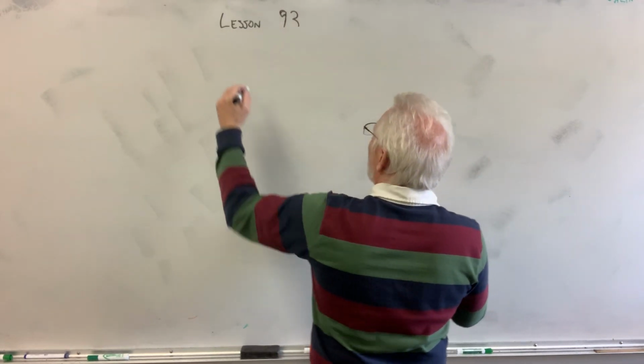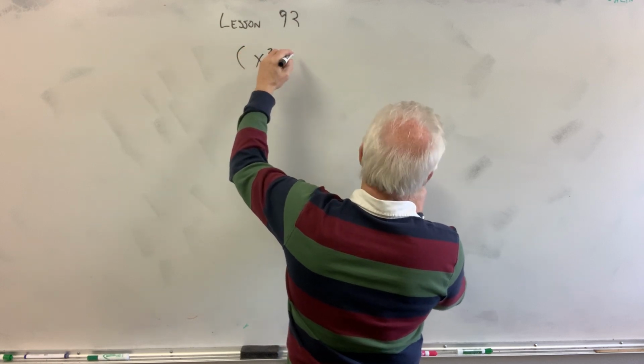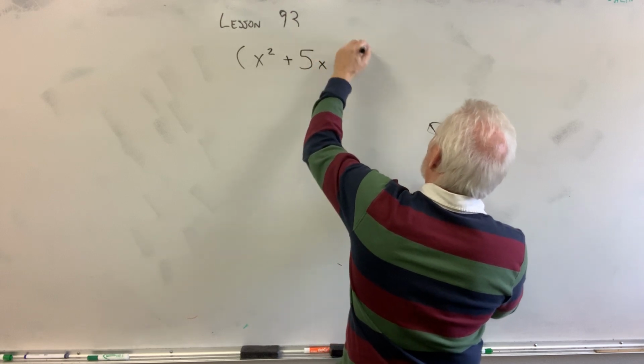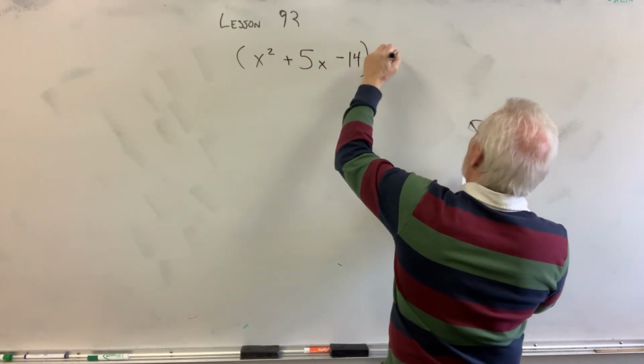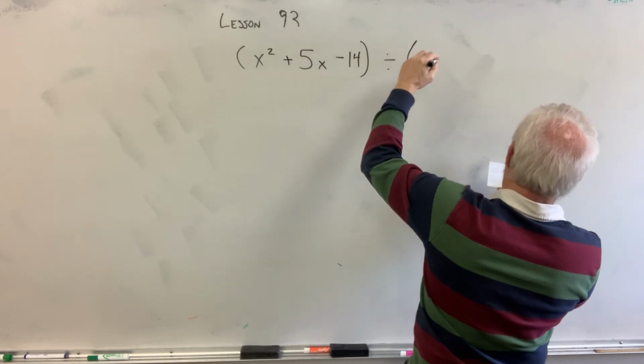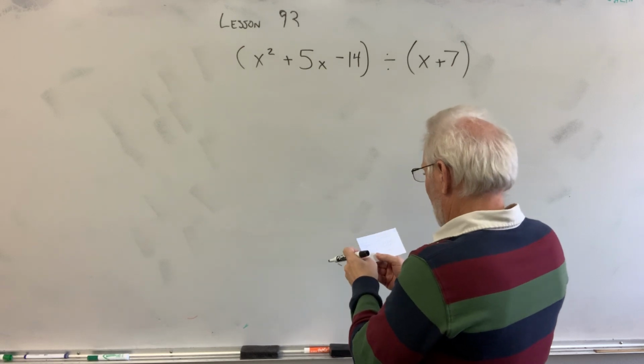All right, so we have x squared plus 5x minus 14 divided by x plus 7. Okay?